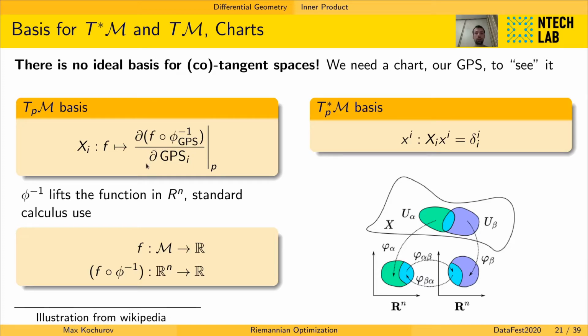And when we change only one coordinate, it's a basis vector. Change another coordinate, it's another basis vector. And they're not collinear. And derivatives can be combined in a linear way. That's why it's a basis. What is special for the cotangent vector and the cotangent space basis? We need to follow the identity.